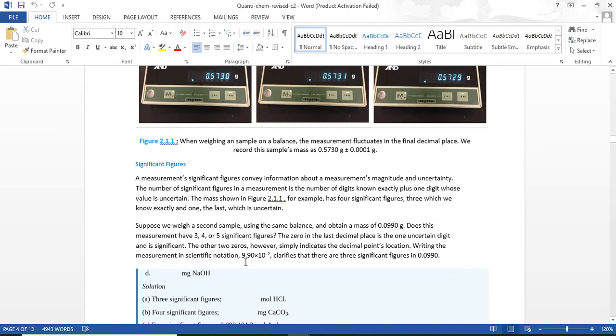The other two zeros, however, simply indicate the decimal point's location. Writing the measurement as 9.90 times 10 raised to negative 2 clarifies that there are three significant figures.